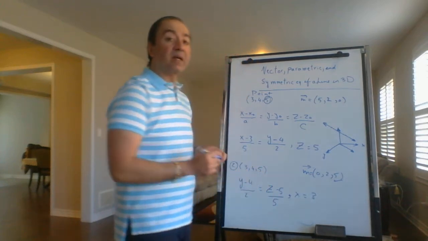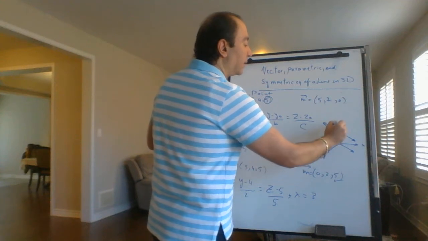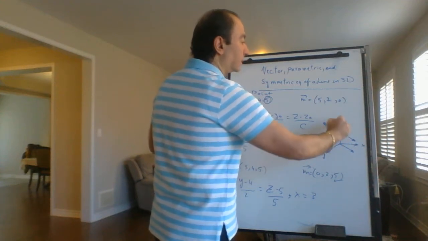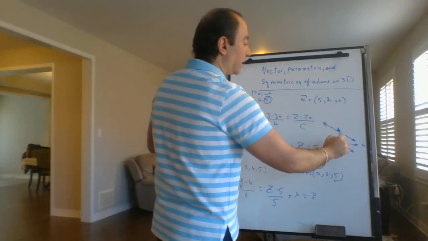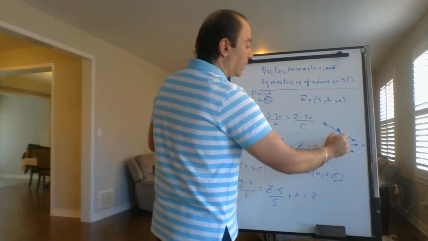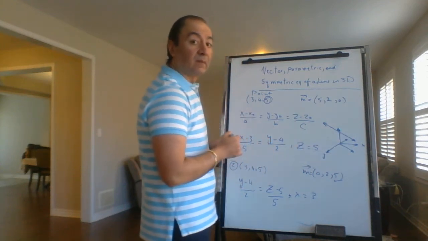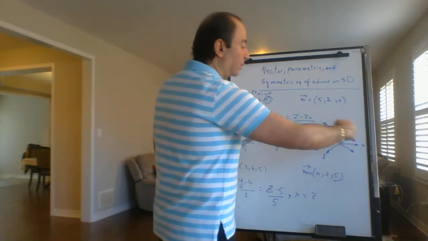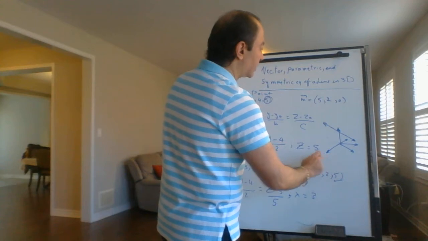And this will be parallel to the y-z plane. Okay, when we have a direction vector that has no x component, it is parallel to the y-z plane. So the line will be parallel to the y-z plane. Sorry, this is x and this is y.